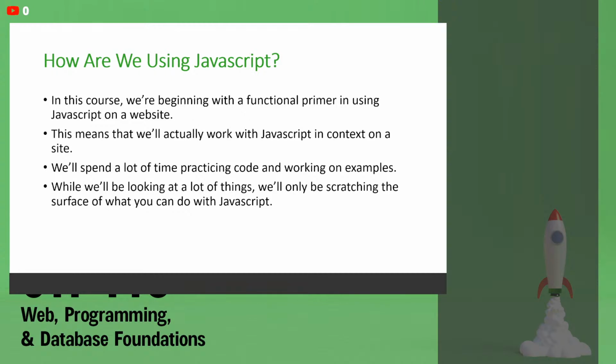A lot of people, when they are teaching JavaScript at the beginner level, will do everything in the console, which would be similar to the way that we used Python when we were working with Python, about 4 or 5 weeks ago, however long ago it's been, where you just have a text-based console and you're able to put things in there and get results out and work with things that way.